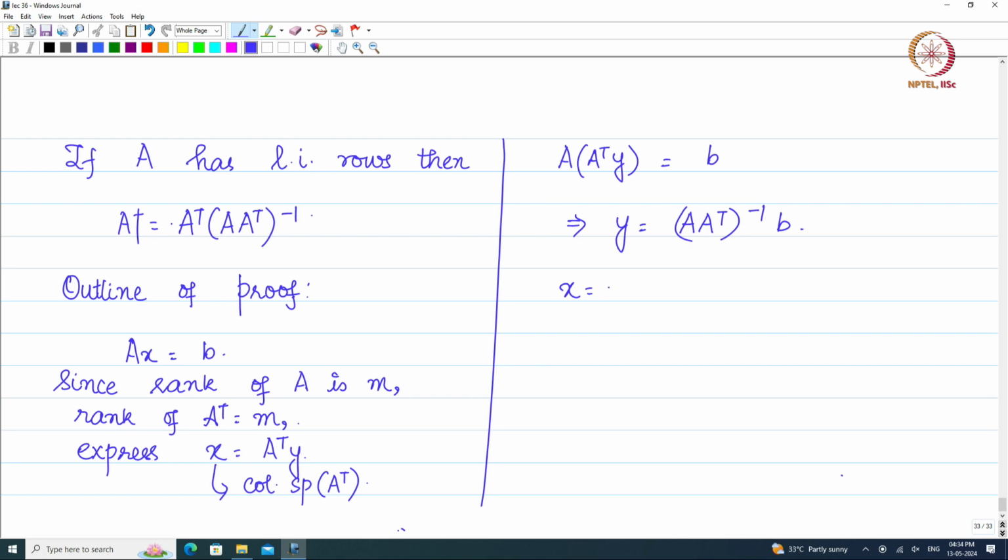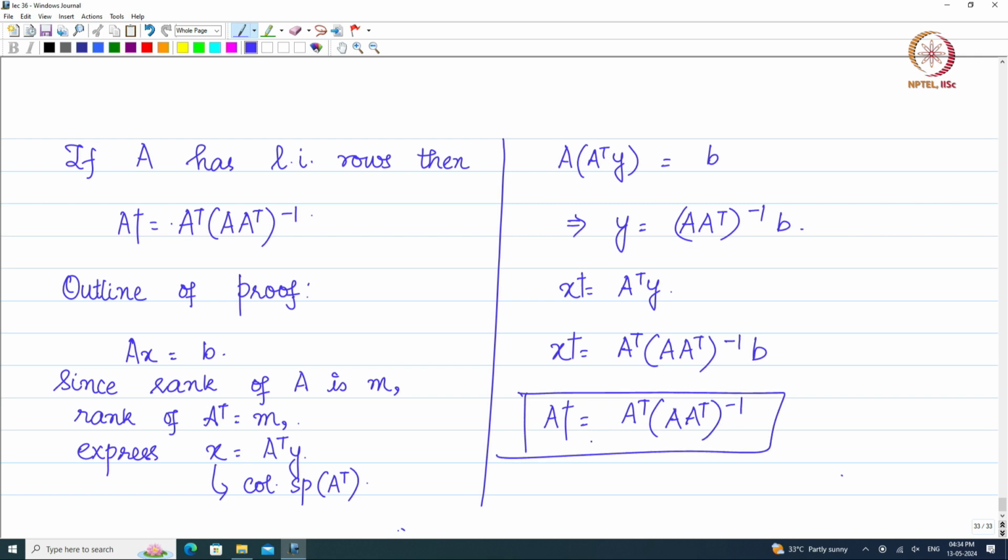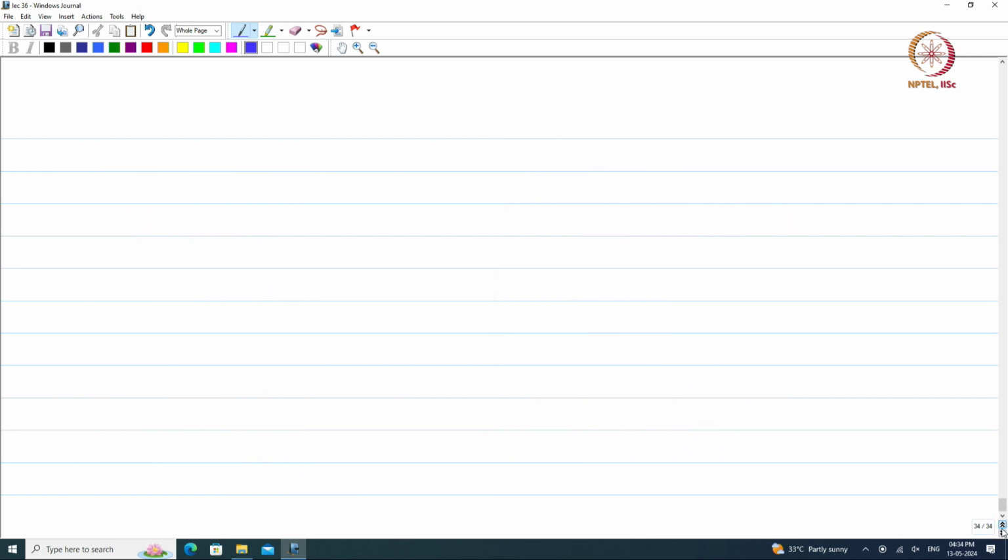So, x was equal to A transpose y. Therefore, what we have is x is equal to A transpose into A transpose the whole inverse B. So, this is basically my, let me put this as x dagger. So, I have A dagger to be equal to A transpose into A transpose the whole inverse is what we have. And the last one is the most interesting one.